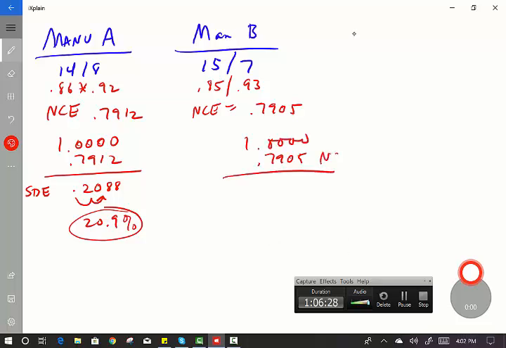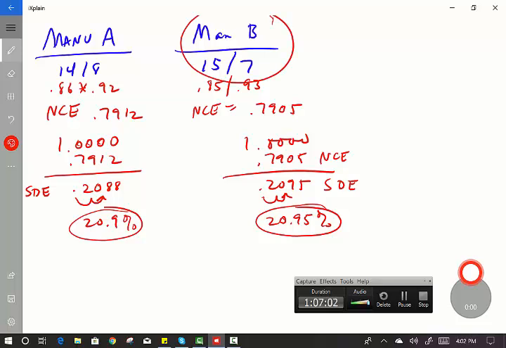This is the net cost equivalent, remember, and I want to find the single discount equivalent, and that will give me 0.2095, and move the decimal point 2 places to the right to make it 20.95%. So that means that manufacturer B provides just a little bit better of a discount. Not much, hardly any at all.